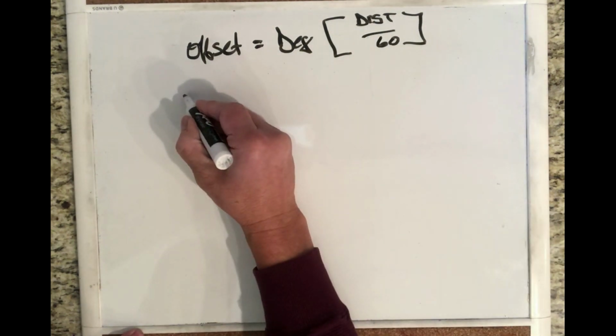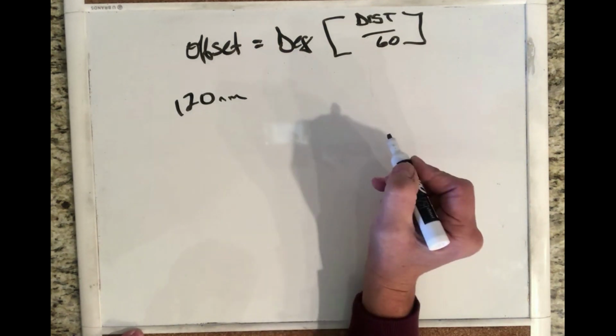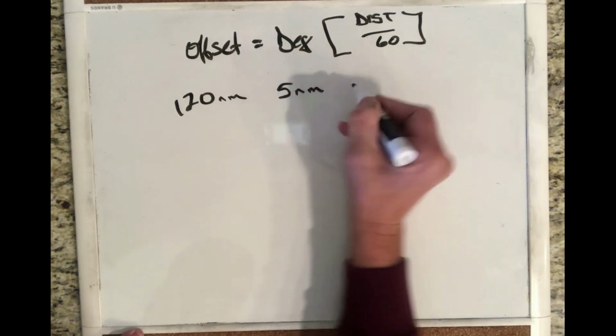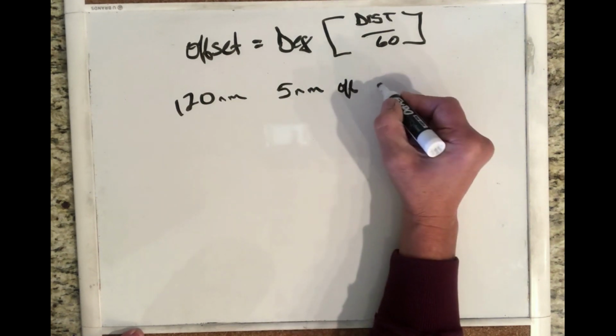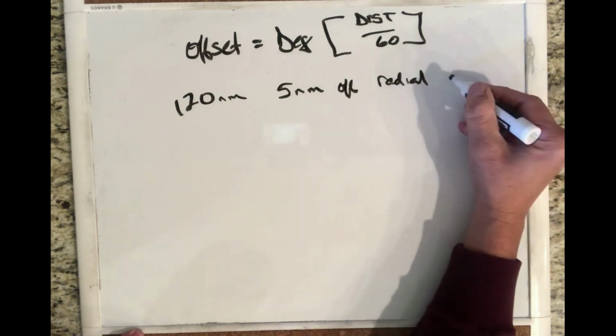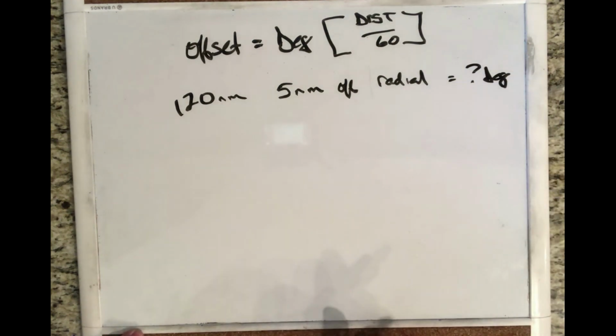We are 120 miles away from the station. We are 5 nautical miles off course, off the desired radial. The question now is, how many degrees is that?